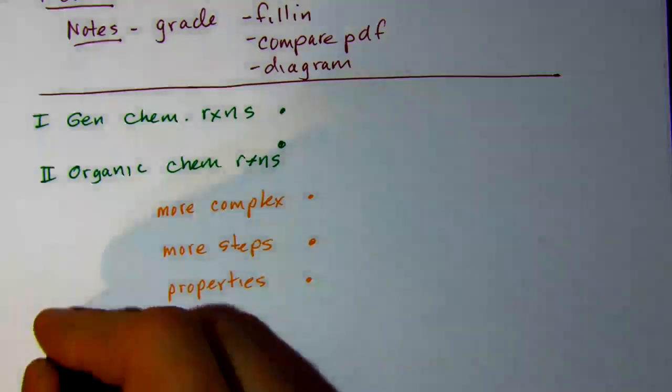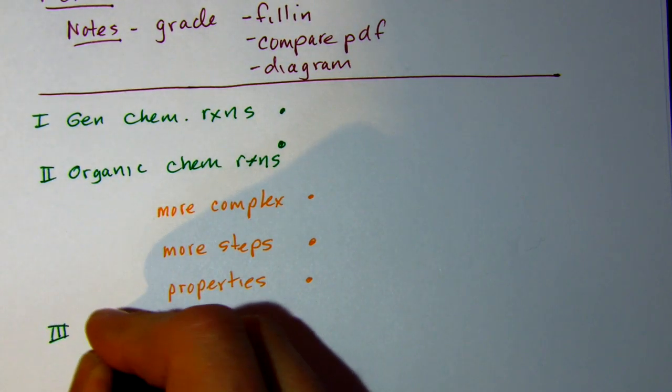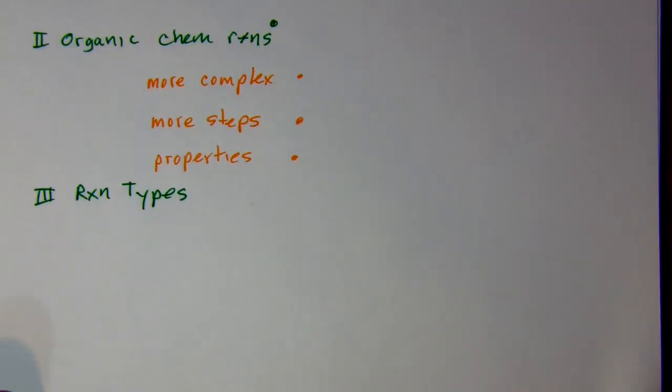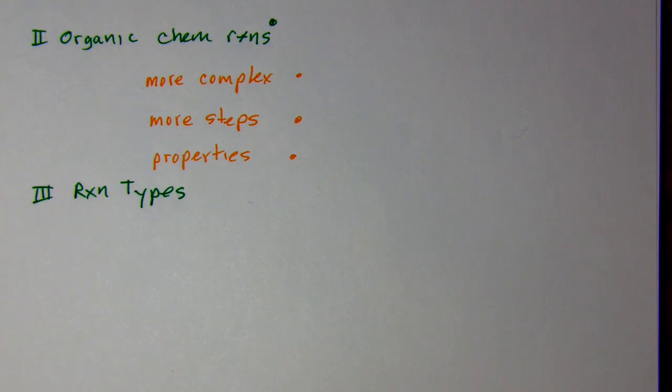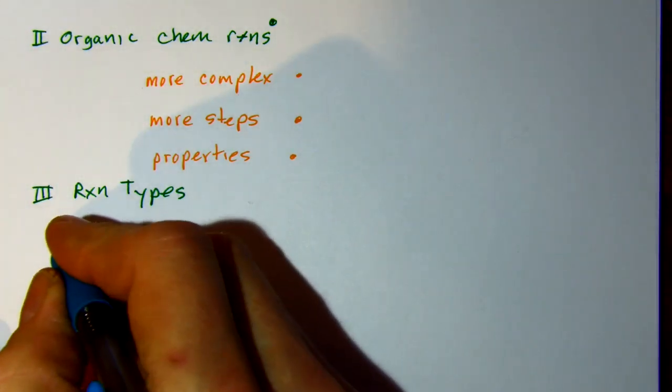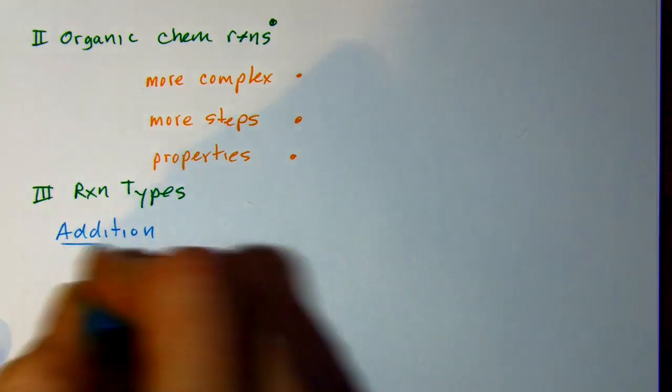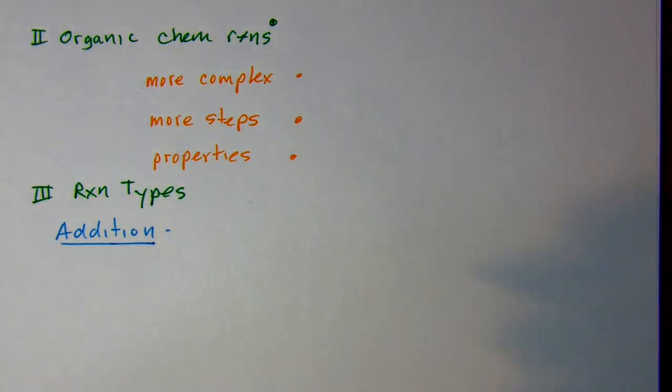Okay. If we talk about the reaction types, these are a little bit more nebulous in some ways than you might see with first year chem, or inorganic chem, if you will. But certainly, one of the reactions that you've seen before are called addition reactions. And you've seen that, for example, with hydrogen.